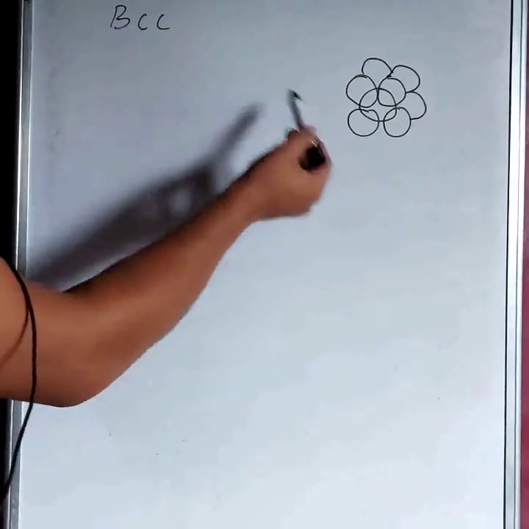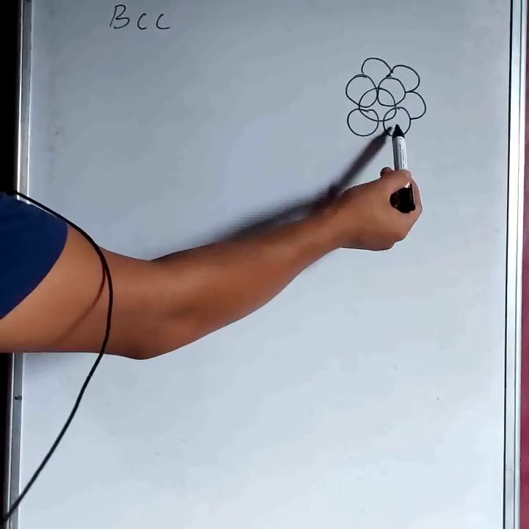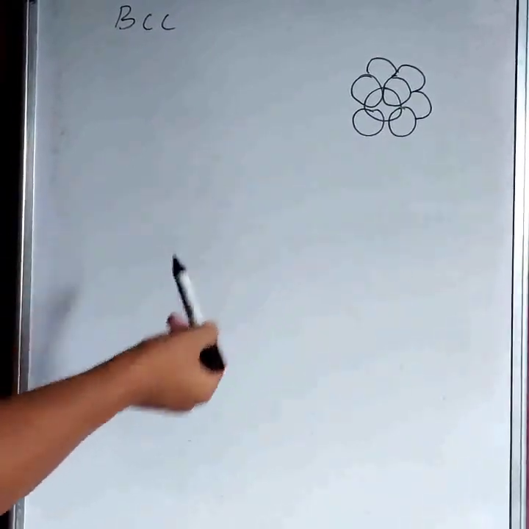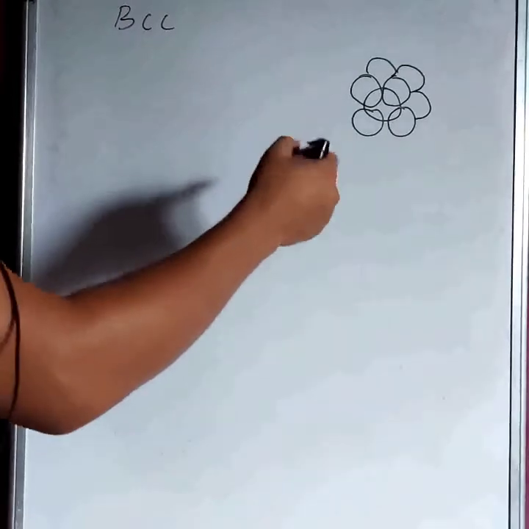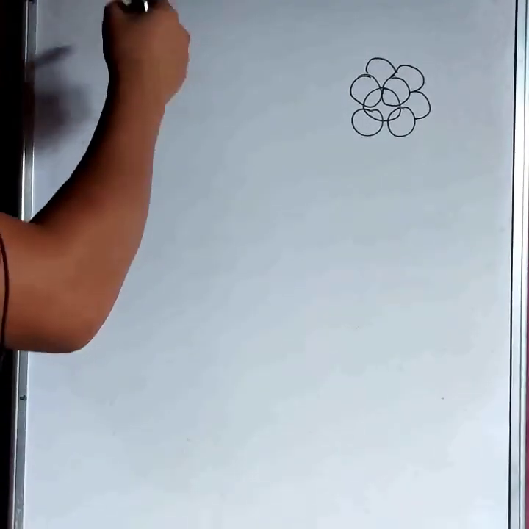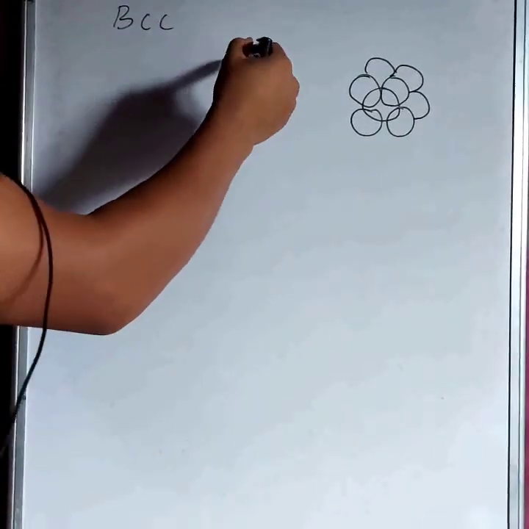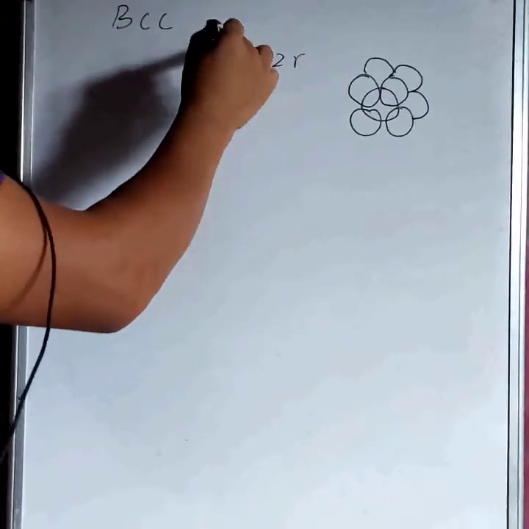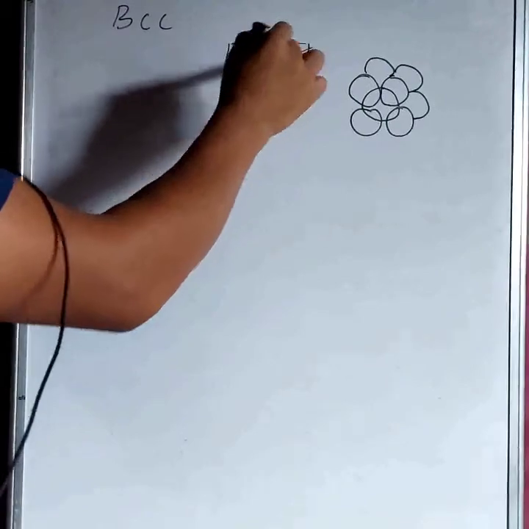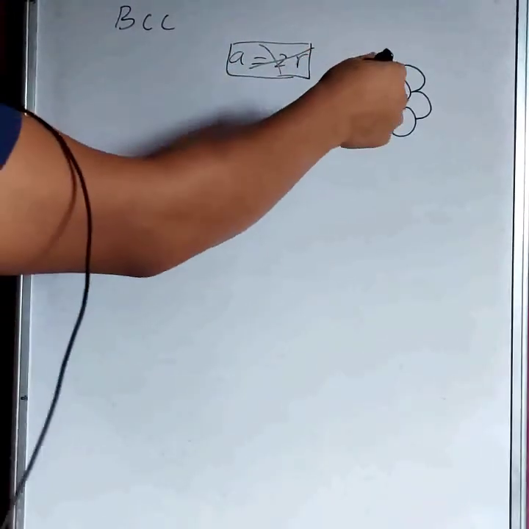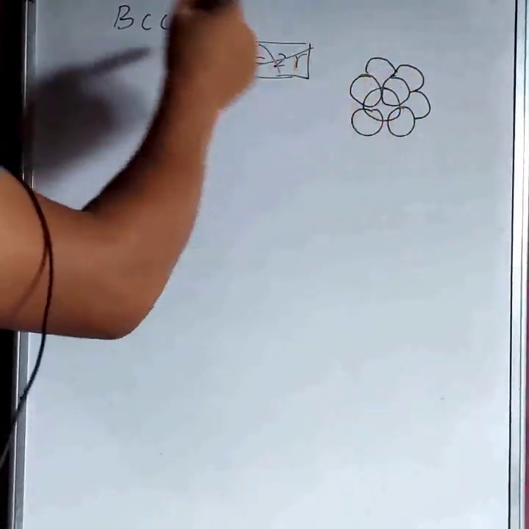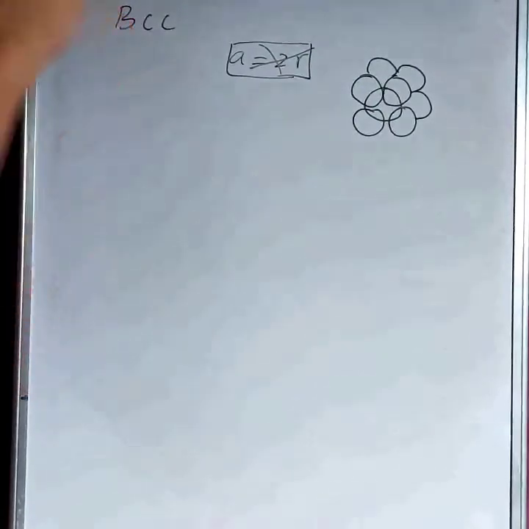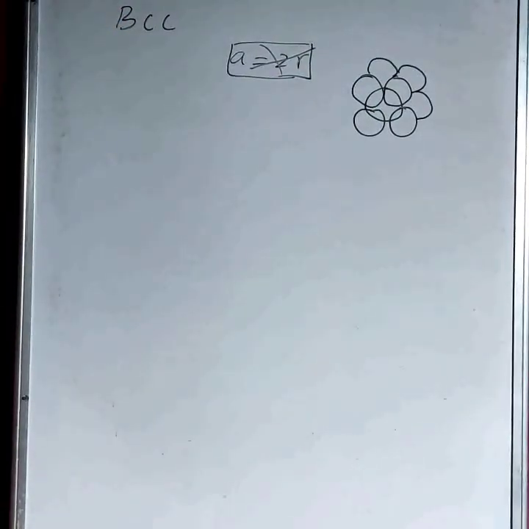In a body-centered cubic system, the edge atoms are not touching, so we cannot use what we used in the simple cubic system, where the edge was twice the radius. For calculating the edge length of a body-centered cubic system, we need to use the Pythagoras theorem.